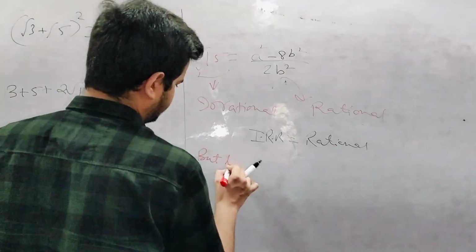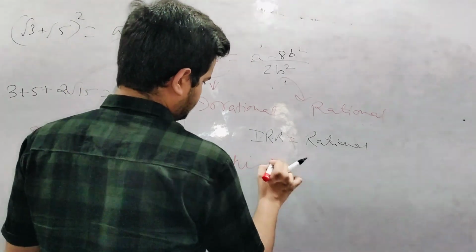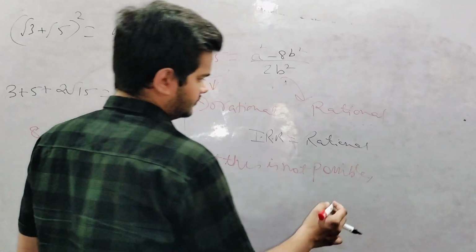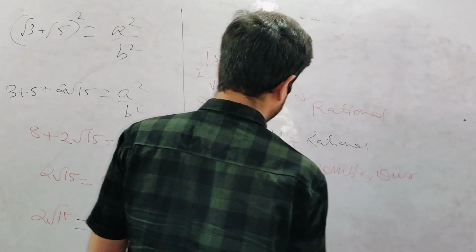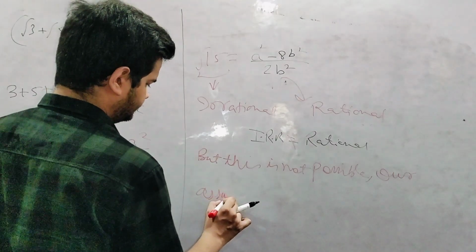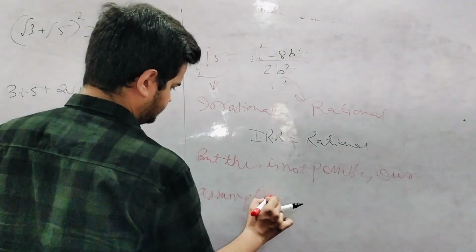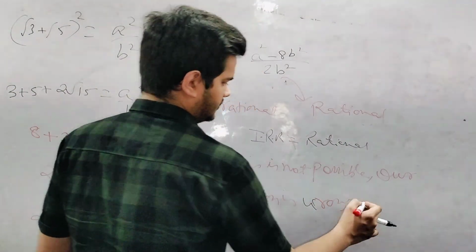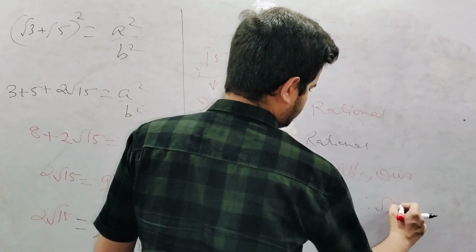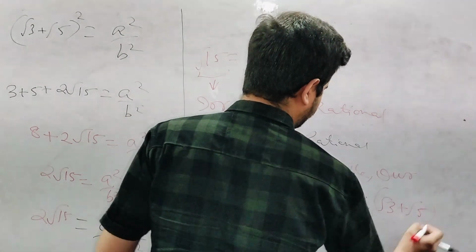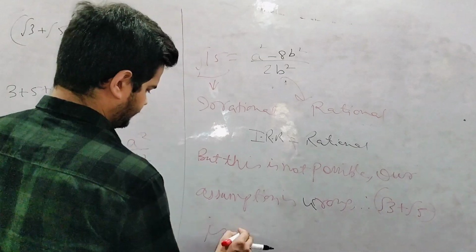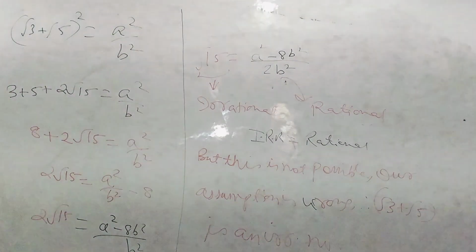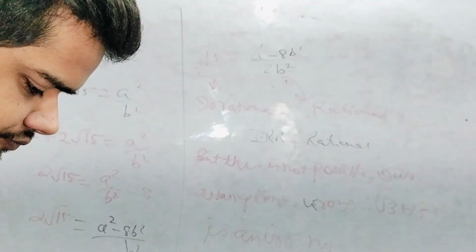But this is not possible. So our assumption is wrong. Therefore, √3 plus √5 is an irrational number. Okay, please note it down.